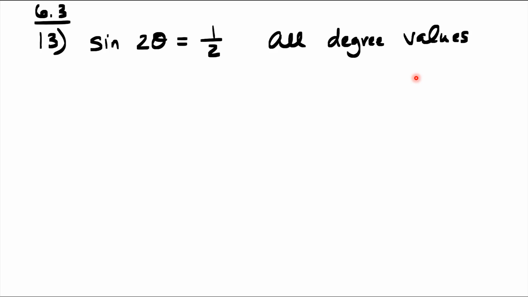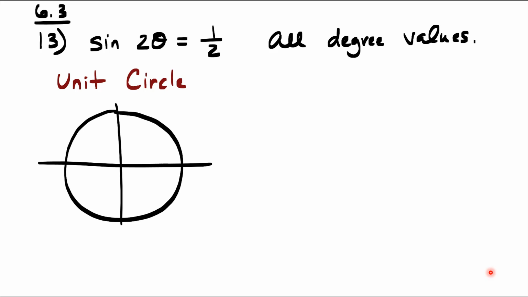Okay, again, going back to unit circle. Let me put this little guy down here. And we're going to find where the sine value is 1/2. That's what we want to do. Look on your chart if you need to here. So the sine value starts off at 0 as it goes up through the first quadrant.